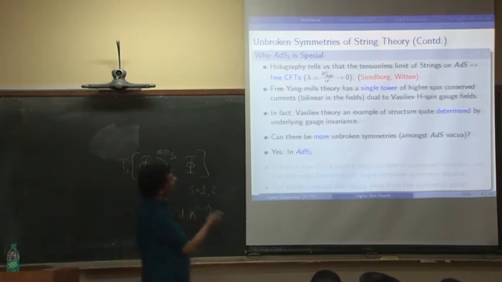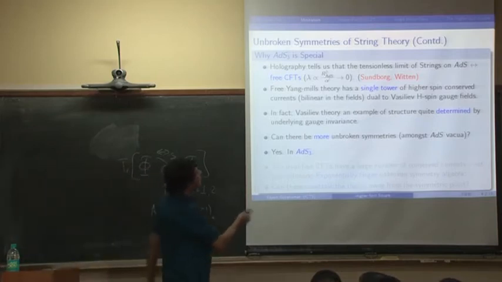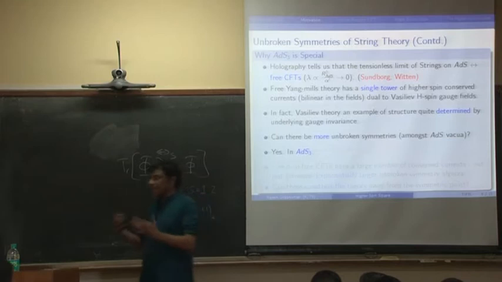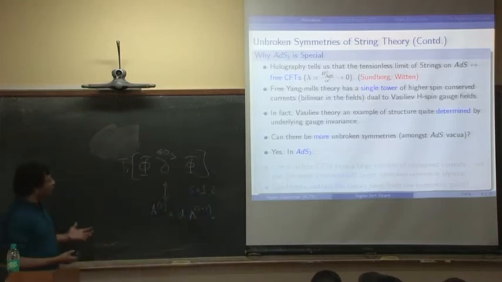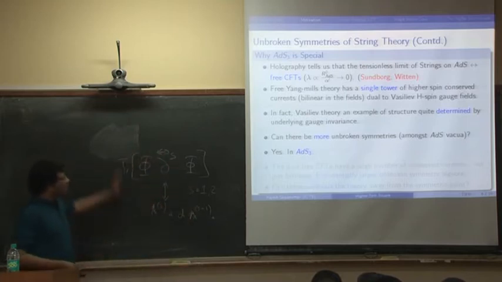So the Vasiliev theory is an example, as I said, of a structure which is determined largely by the gauge invariance. So you can ask, is that the maximal set of unbroken symmetries, at least amongst these AdS vacua? Because this is one tower over here, and this is the free Yang-Mills theory that you want to find.